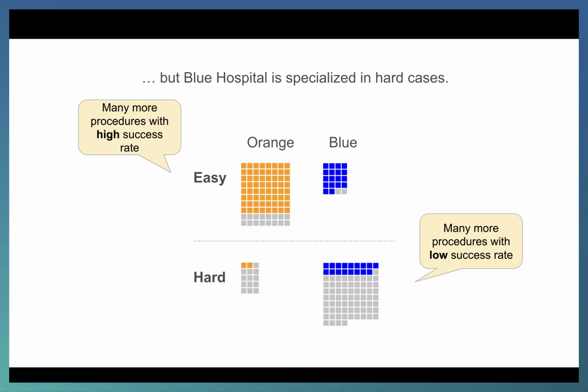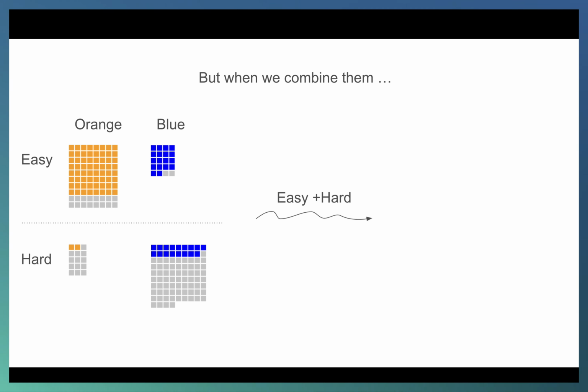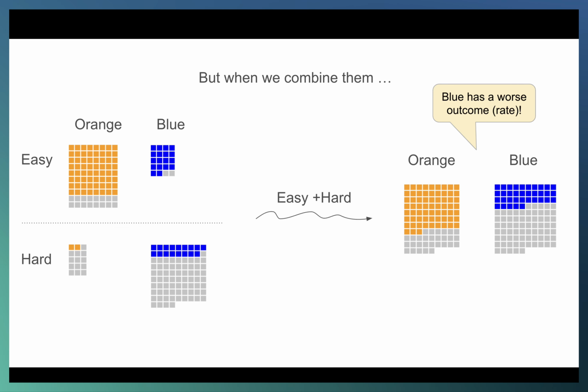So in turn, once we aggregate this data back into one group, since there are way more hard procedures in the blue hospital and the hard procedures have a much lower success rate overall, the blue seems to have a much worse outcome compared to orange. But again, it's a sort of an illusion, because when this data is disaggregated, we see that the blue hospital actually has a higher performance than the orange hospital.